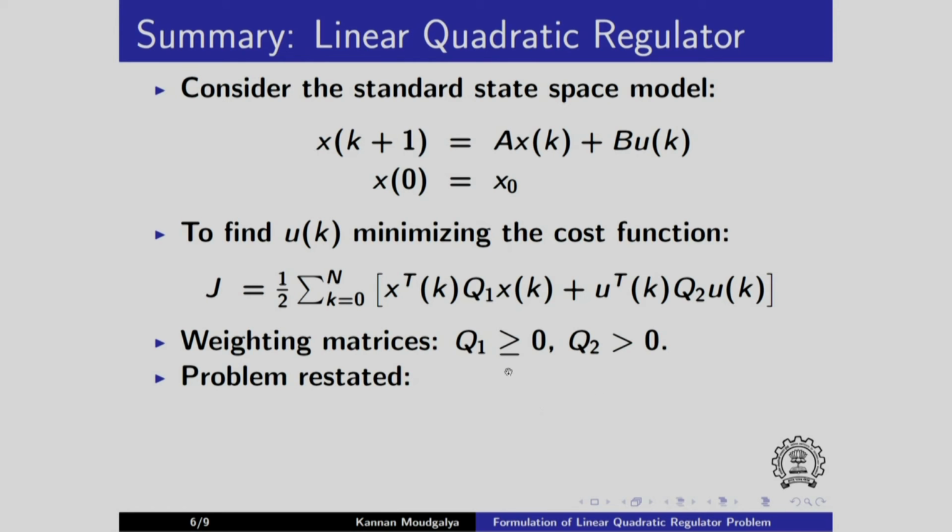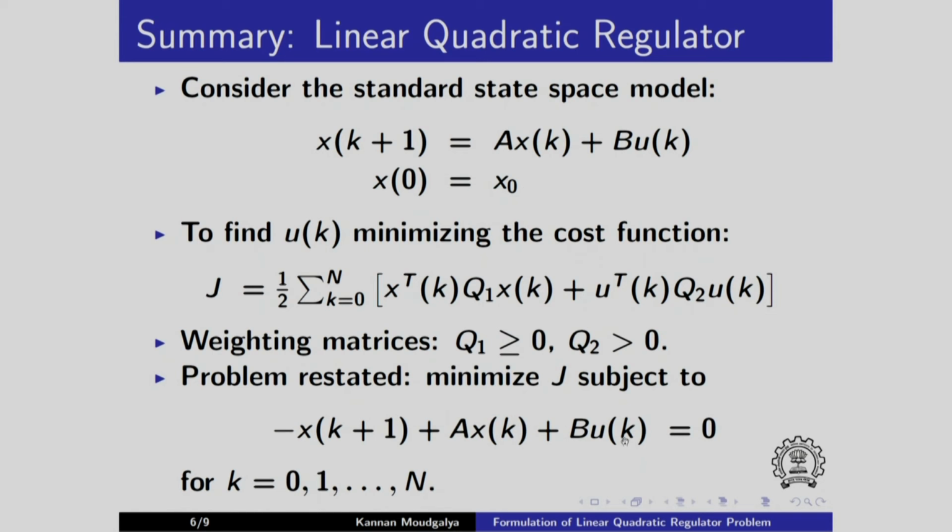We restate the problem as follows: minimize this J subject to this equation, where k is to be considered from 0 to some number capital N. The value of this N will be discussed in a subsequent video.